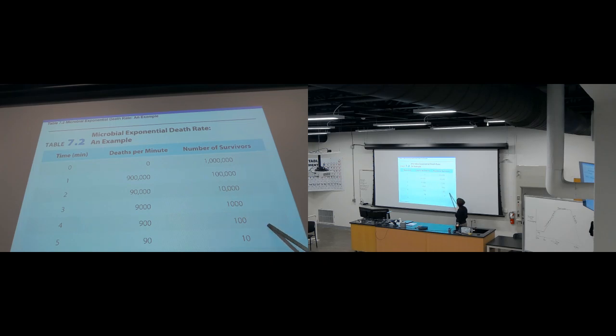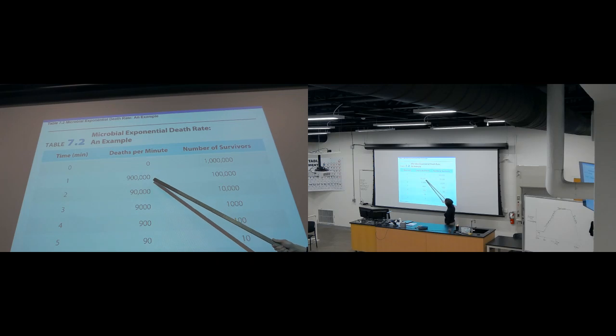And then on the right side, you put the number of survivors. So all that you do, every time you're writing down your table, is put how many deaths happen per minute, and then subtract it from the initial number that you started with at every minute. So at time 0, you had 1 million microbes.